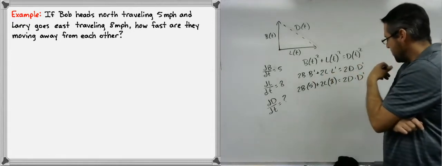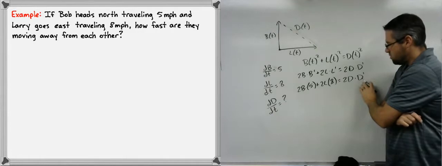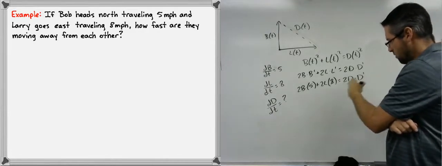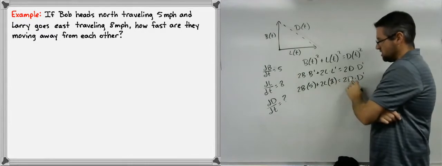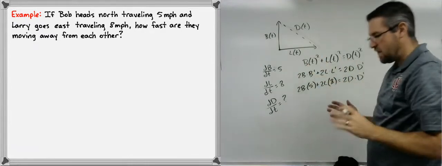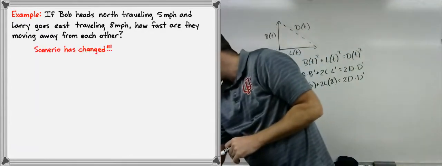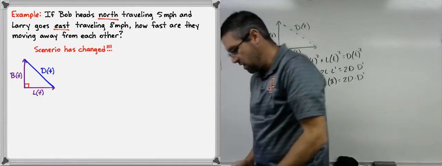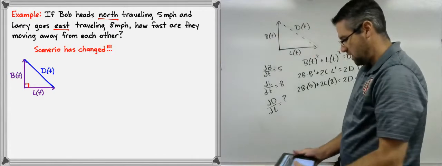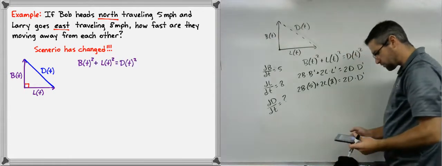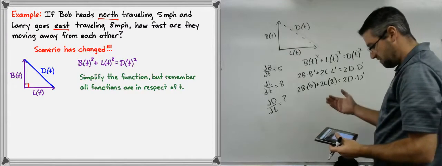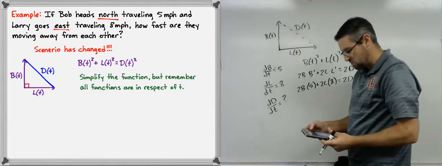We don't have enough information to be able to solve for d prime. It doesn't work the way we want it to. So we need more information in this particular case, where in the previous one we didn't need that information. Here we do. Okay, so again, the scenario has changed. We're talking about them moving in different directions here. So b squared plus l squared equals d squared. Simplify the function, but remember all functions are with respect to time.